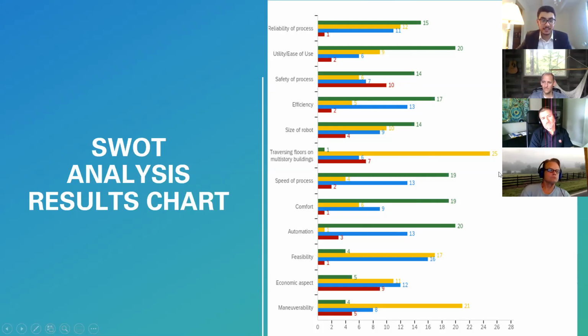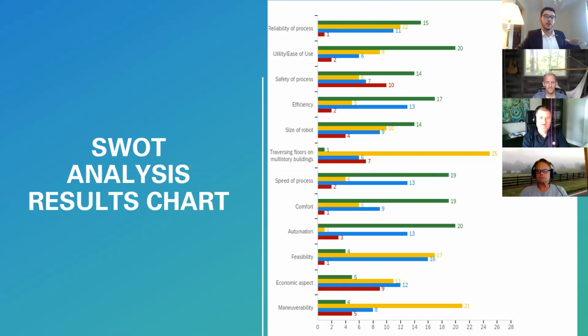The biggest weakness that we saw, and this is as expected, traversing floors on multi-story buildings. And as I said previously, it is definitely a weakness that we should work on, but it's a technological weakness that other robots, say the Doxel robot, that is almost the same size as this robot, doesn't have, because it has chained tires, kind of like what tanks have.